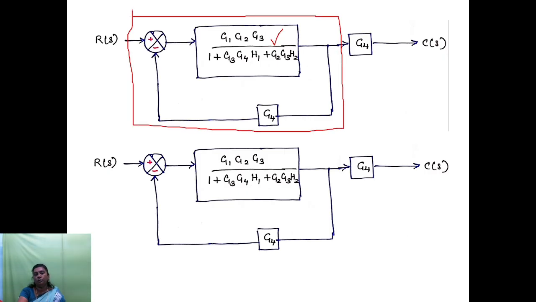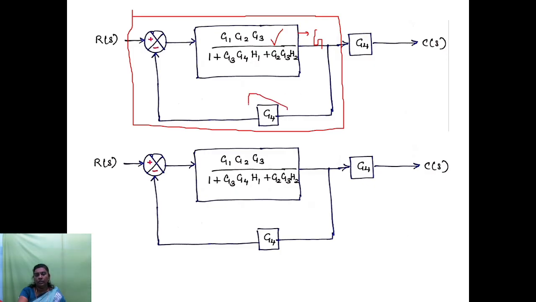So again you have to apply the negative feedback formula. This whole function is nothing but G, right? The formula we can use is G divided by 1 plus GH.